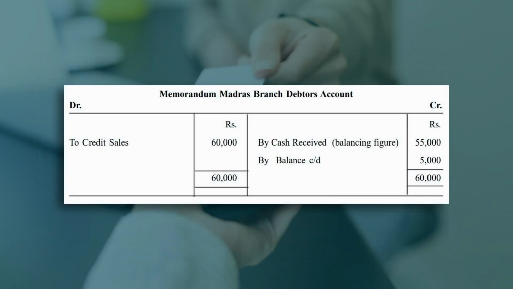Yes, branch debtor account. To credit sales: it is given in the question that rupees 60,000 have been made as credit sales. Then the closing balance of debtors is also provided, that is 5,000. We can check it. Yes, this is the closing balance of debtor 5,000, and this is the credit sales of rupees 60,000 mentioned in the question.